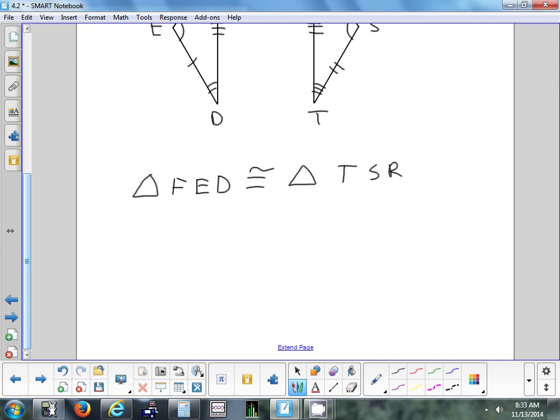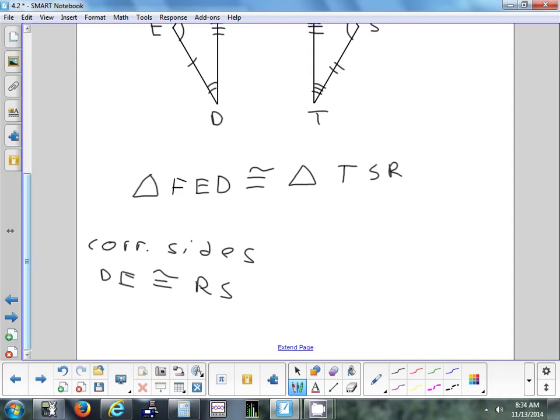Okay, now let's list our corresponding sides. Rose, can you give me one pair of corresponding sides? She said D, E, so you went third, second. Now you have to do the same. Yep, so RS. She went the third one, the second one, third one, second one.